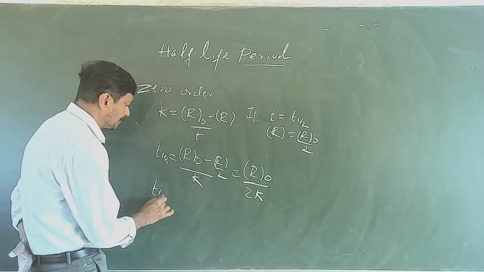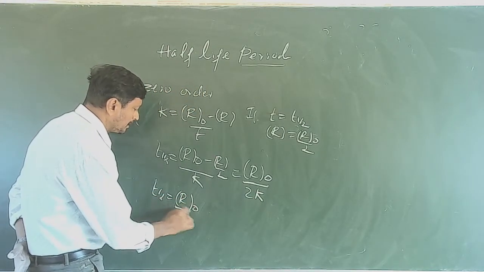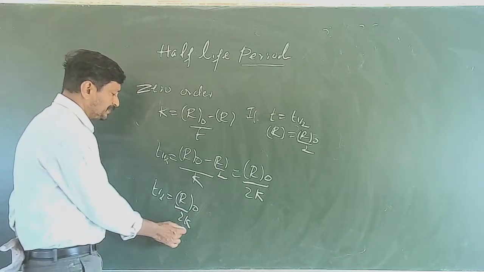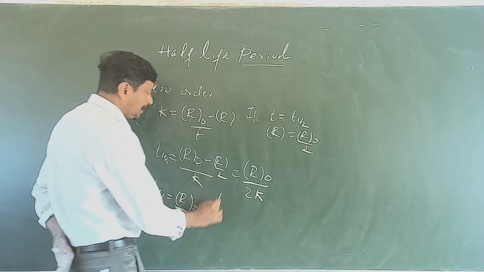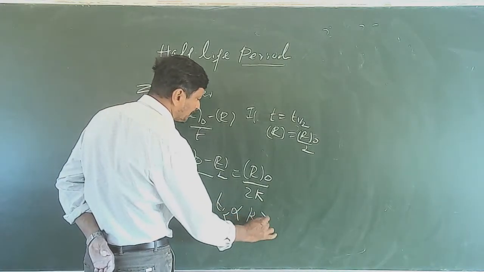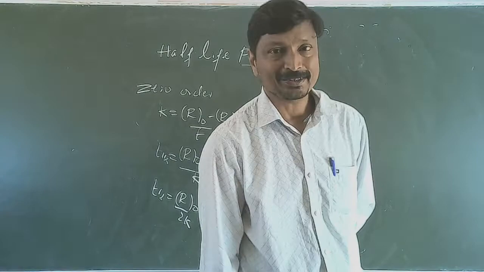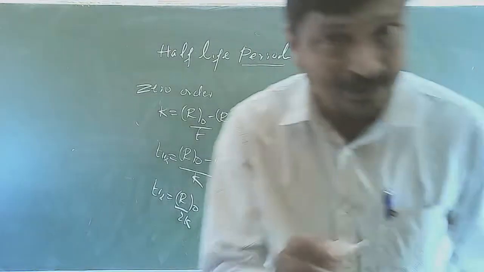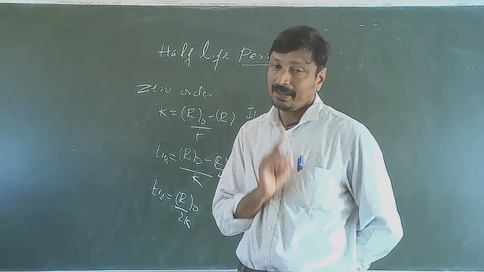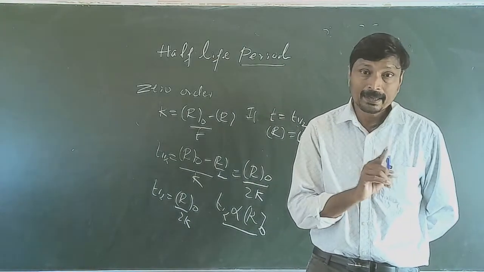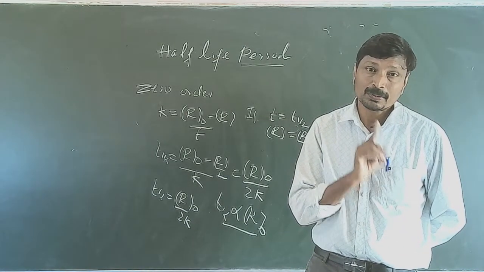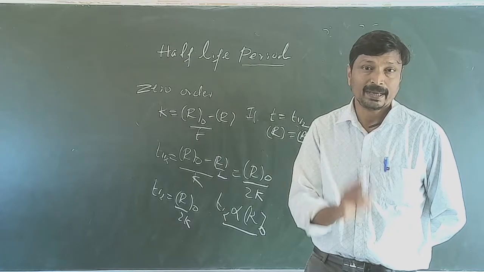T half is equal to R naught by 2K. Here K is a constant. Therefore, T half is directly proportional to R naught. For zero order reactions, this you have to remember, for only zero order reaction, T half is directly proportional to the initial concentration of the reactant.